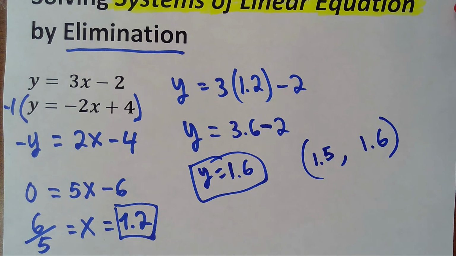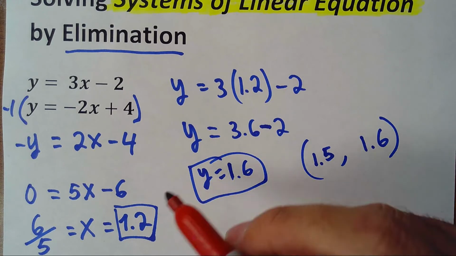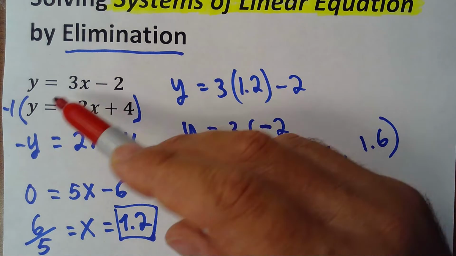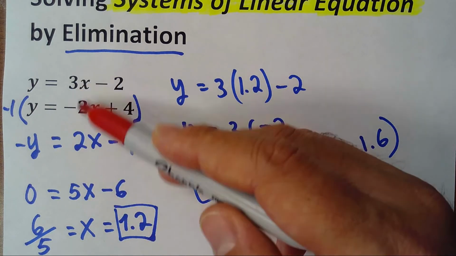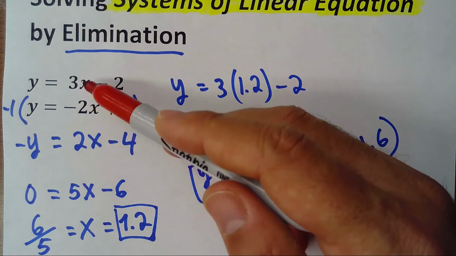Now if, instead of canceling the y, we would like to cancel the x, we can do that. Let's check how we do it. Basically, in this case we need to multiply both equations by a number such that when we add, it gives us 0 in the x value.